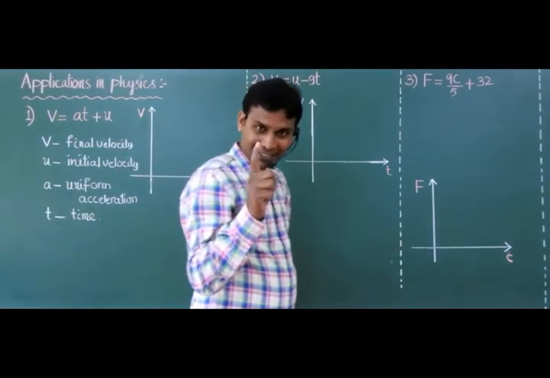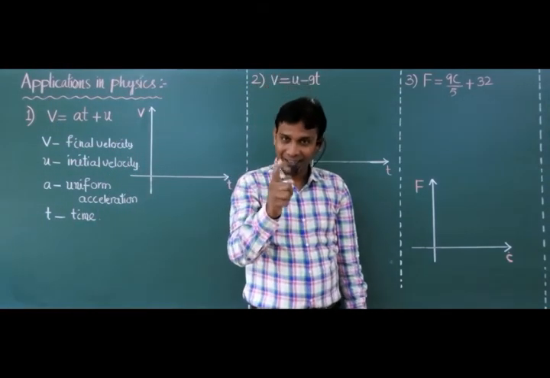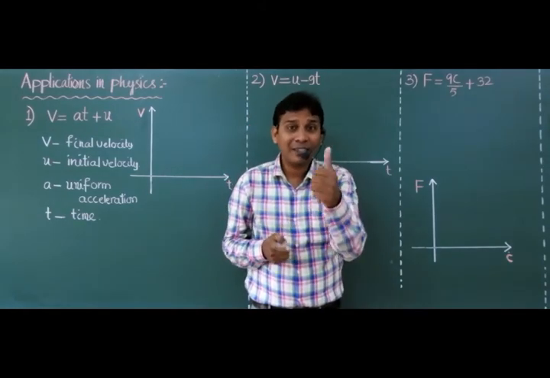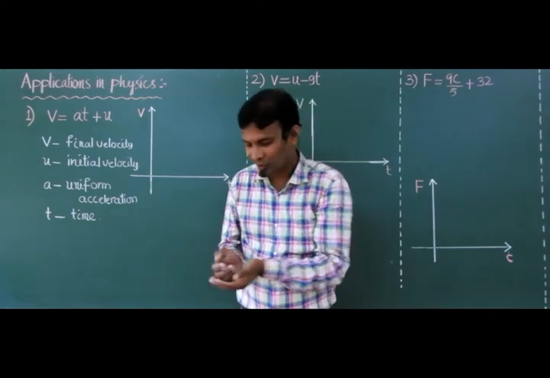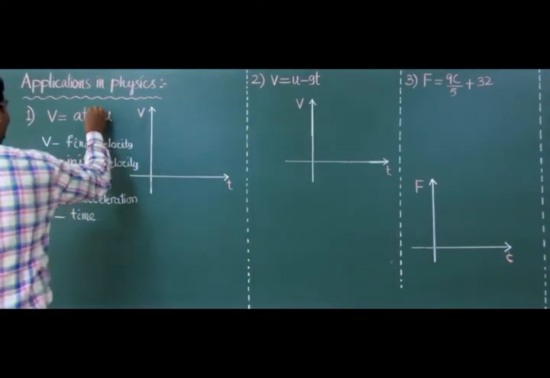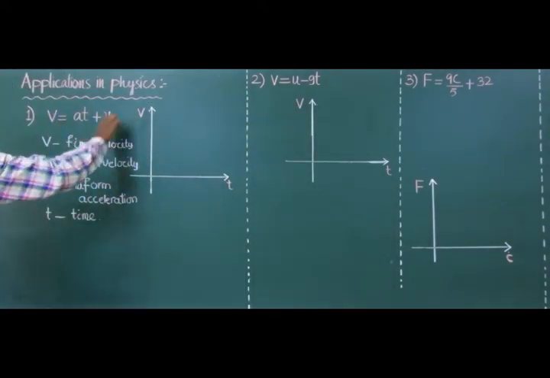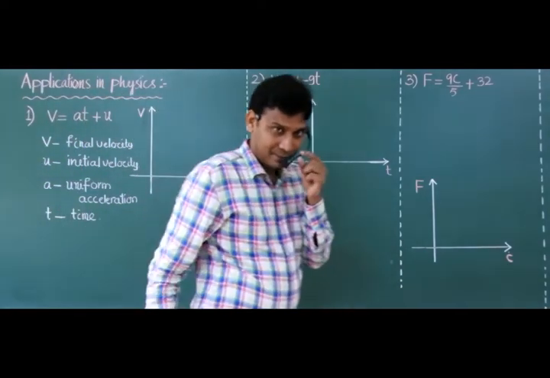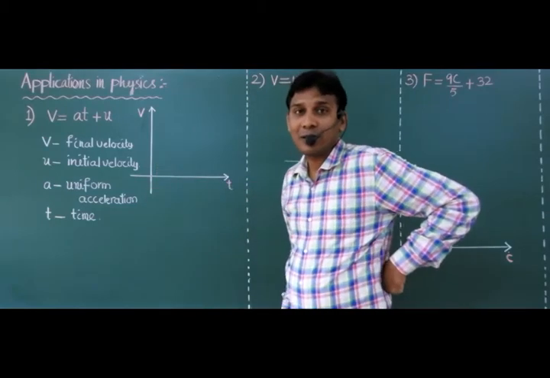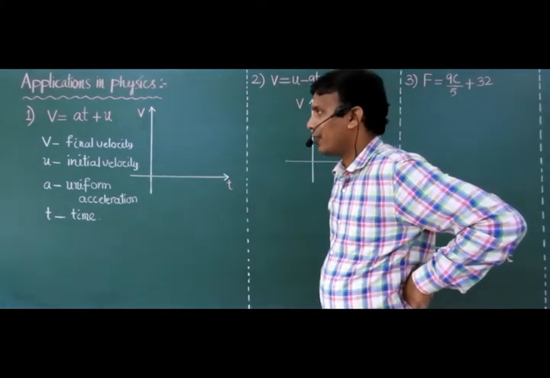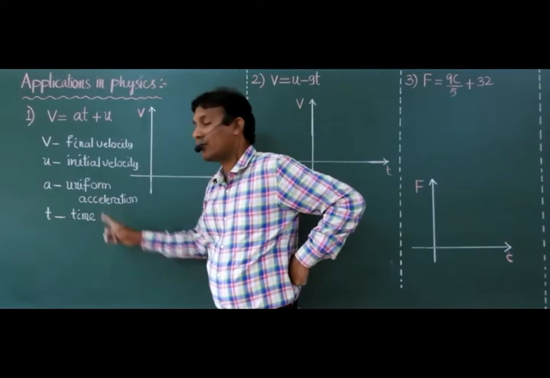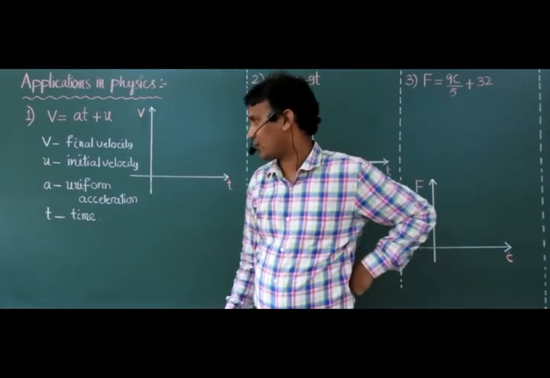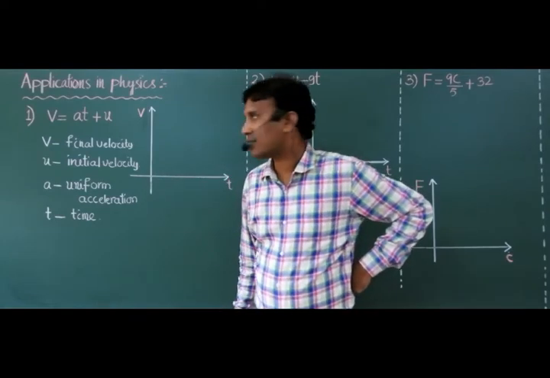Students, do you remember this equation? In 9th class, motion chapter. This is the first equation of motion. What is V? V is final velocity. What is U? U is initial velocity. What is A? A is uniform acceleration, constant acceleration. What is T? T is time.